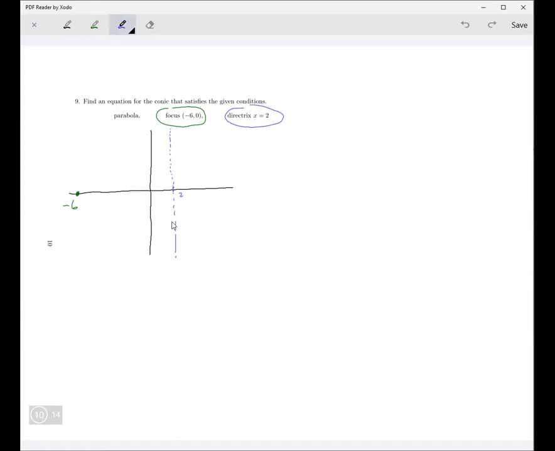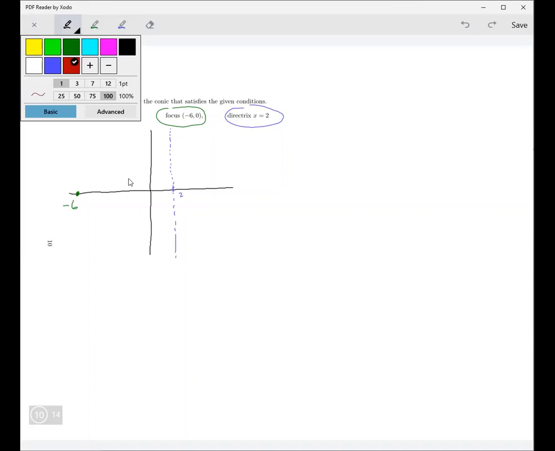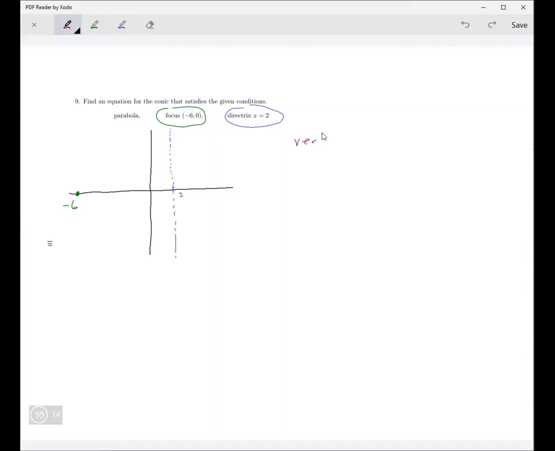Now, for the parabola, the vertex is going to be halfway between the focus and the directrix, along the x-axis. To get the x-coordinate, we take the average of negative 6 and 2, divide by 2, and we have negative 2. So the vertex is going to be here at negative 2.